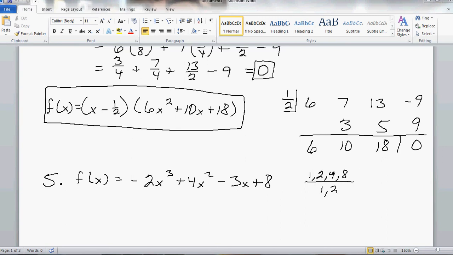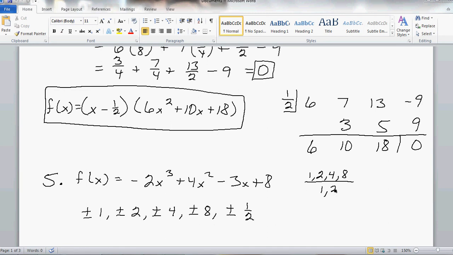Now all of the possible rational zeros will be any combination of these two numbers, 1 over 1, 2 over 1, 4 over 1, 8 over 1, 1 over 2, 2 over 2, 4 over 2, 8 over 2, and it can either be positive or negative. So to answer this question, it'll be plus or minus 1 over 1, which is 1, plus or minus 2 over 1, plus or minus 4 over 1, plus or minus 8 over 1, plus or minus 1 over 2, plus or minus 2 over 2, which is 1.